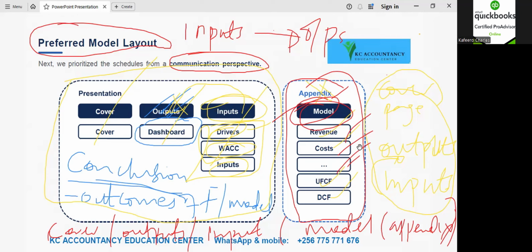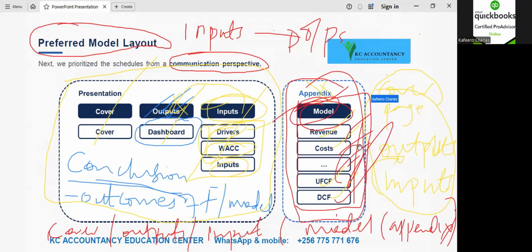So some of you may think that this section here for appendices is the most important, because those that are building the models are going to think that this is the most important area.